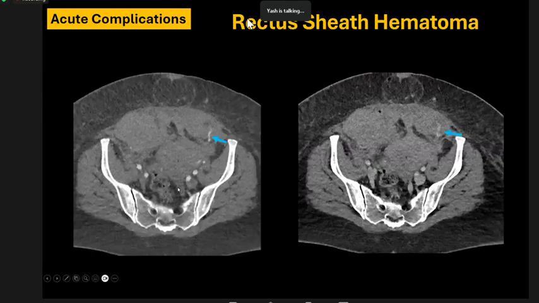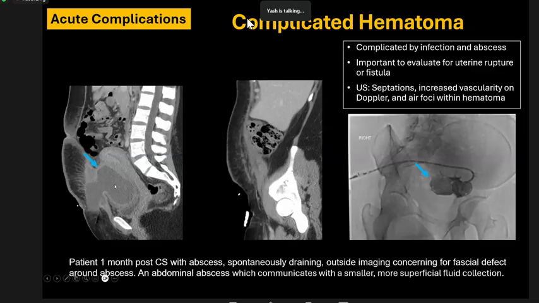But this patient who presented 1 month later, it is almost all liquefied, meaning it is homogeneously hypodense, has a thick, very well-defined wall, and a lot of inflammatory stranding around it. All these are pointers. And if there was any gas without communication either with bowel or with the exterior, that also is an indicator that there is infection.